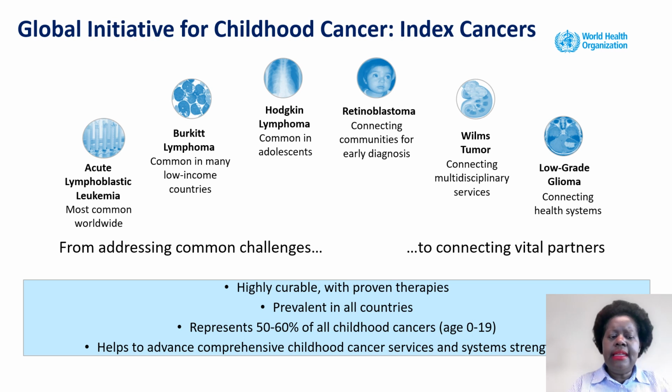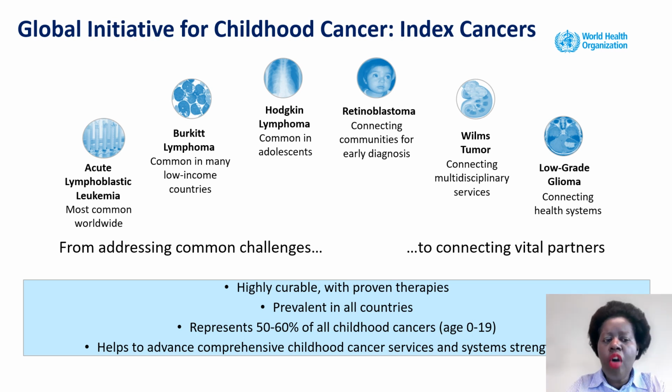Key is that we're looking at 6 index cancers in the GICC. We've got acute lymphoblastic leukemia, Burkitt's lymphoma, Hodgkin's lymphoma, retinoblastoma, Wilms tumor, and low-grade glioma, and you can see the reasons why they were chosen. Acute lymphoblastic leukemia is the most common worldwide.